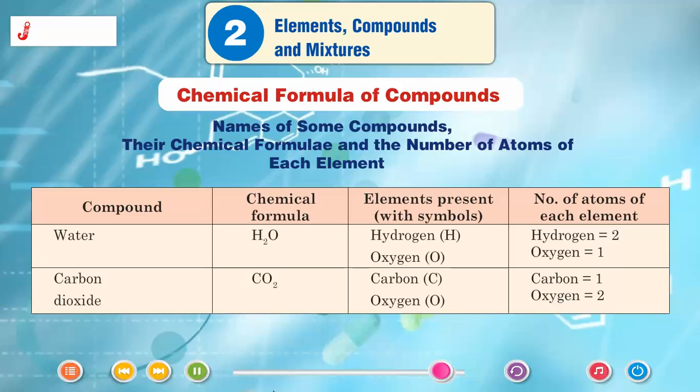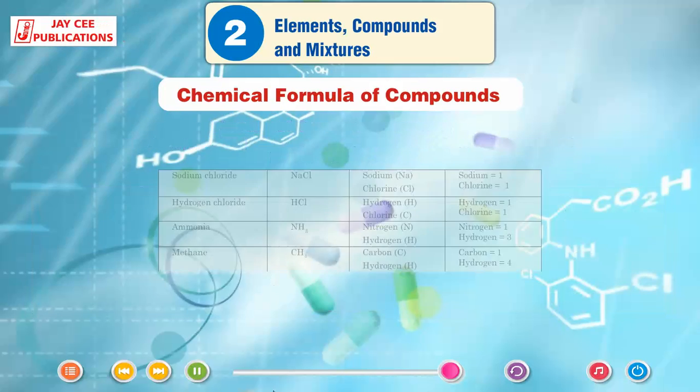Compound, chemical formula, elements present with symbols, number of atoms of each element. Water, H2O, hydrogen H, oxygen O, hydrogen 2, oxygen 1. Carbon dioxide, CO2, carbon C, oxygen O, carbon 1, oxygen 2.